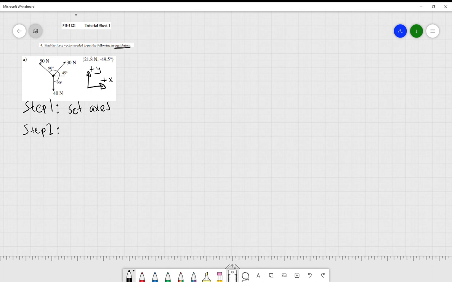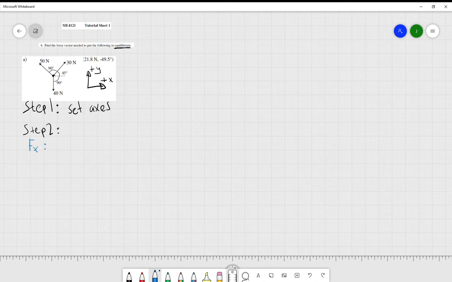Actually, the 40 newtons is going in the negative y, so that's easy. The 30 newton has both an x and a y component, and the 50 newton has a negative x and positive y component. Alright, so we need to follow those. We will start off with the forces, which we'll just call F, that are in the x.